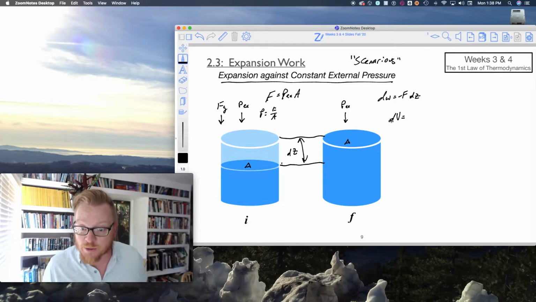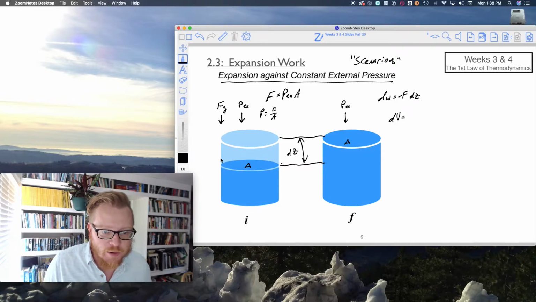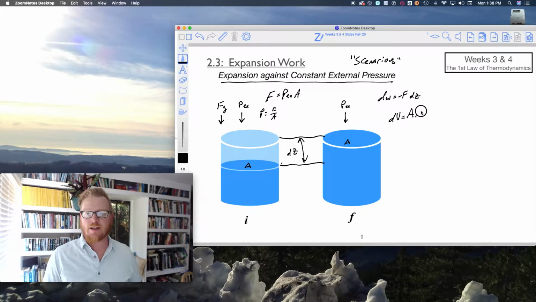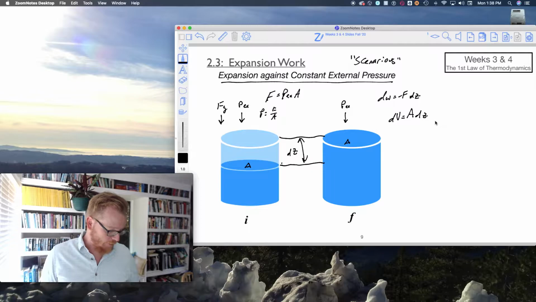And remember, when I use these little d's, we're talking about infinitesimally small changes so that we can develop these relationships for any number of subtle changes to this cylinder, okay? And so I know the change in volume is going to be its area times dz. That's the change in volume, okay?